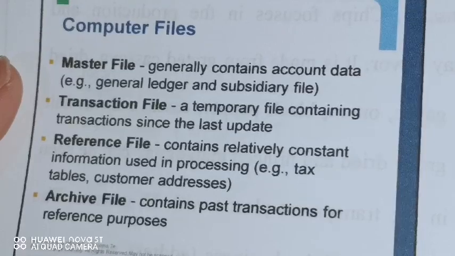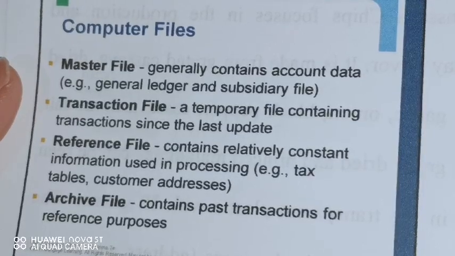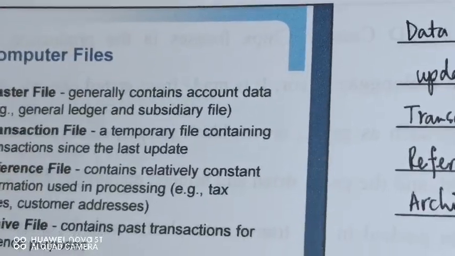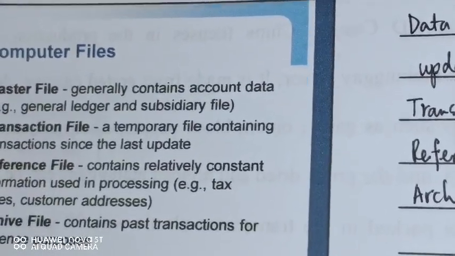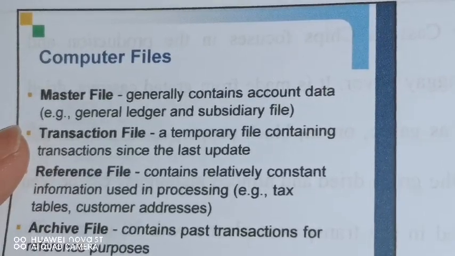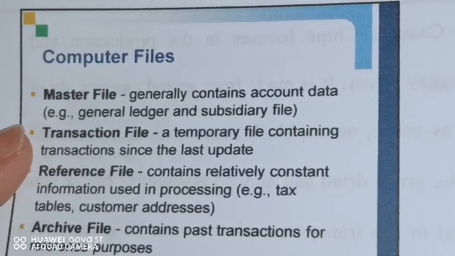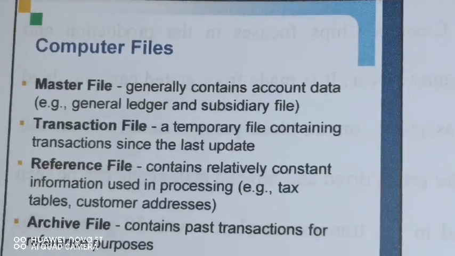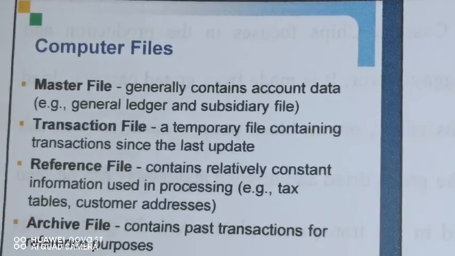The example of that is the general ledger and the subsidiary file. Okay. And then, data values in the master file are updated from transactions. Diba? You can imagine naman na how the information flows here.